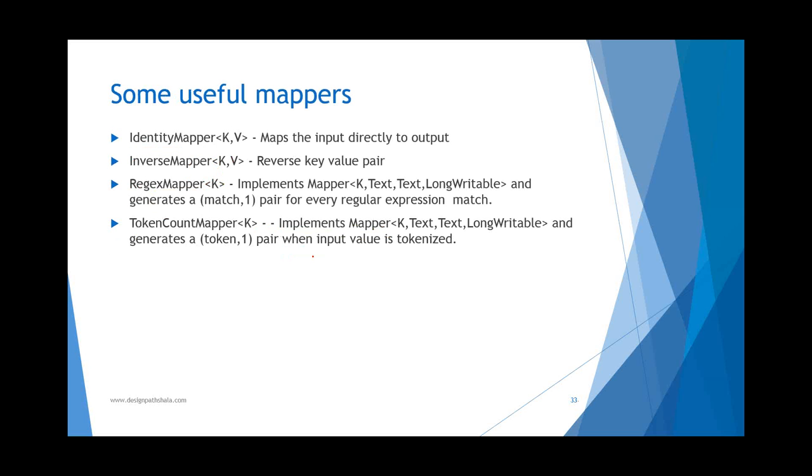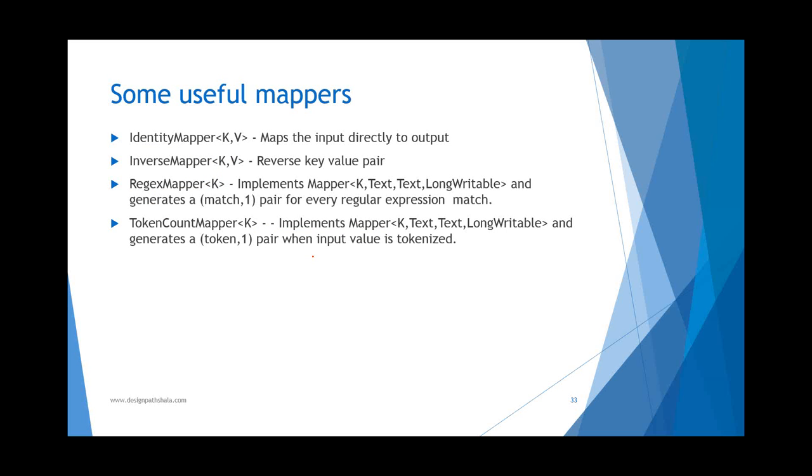As we have discussed about the record reader and the input file formats, which are implemented by default for you, similarly there are default mappers also implemented for you. These are a few of the default mappers, which you can directly use if you don't want to code your own mapper, and your data would be processed by these mappers.